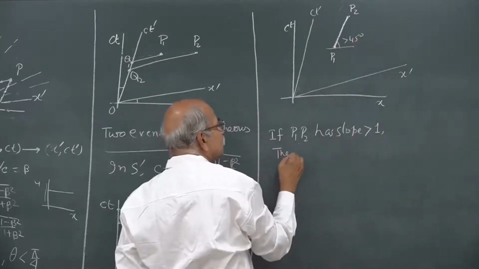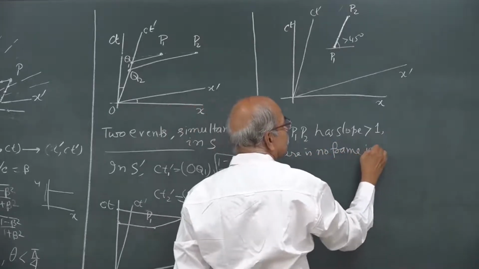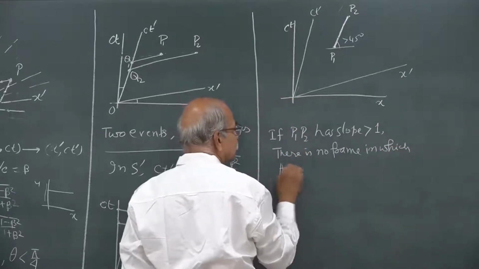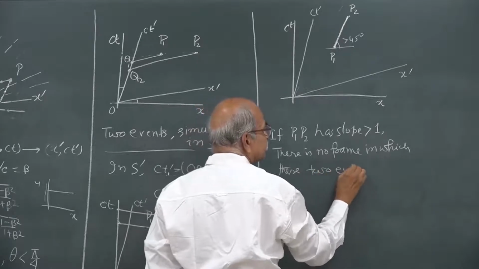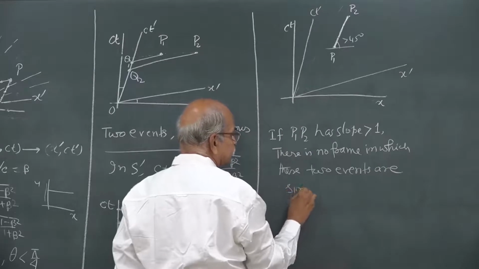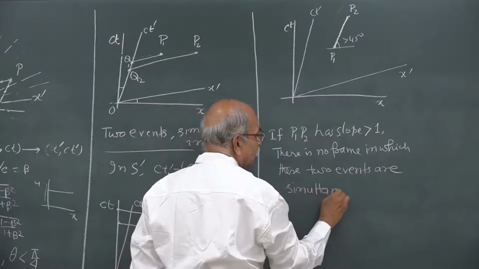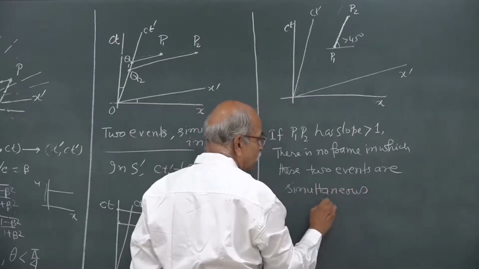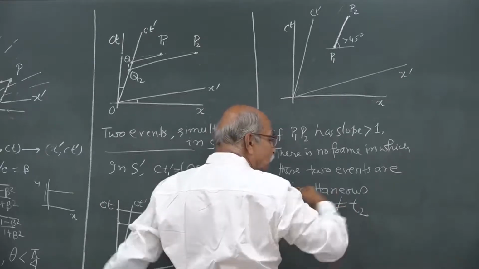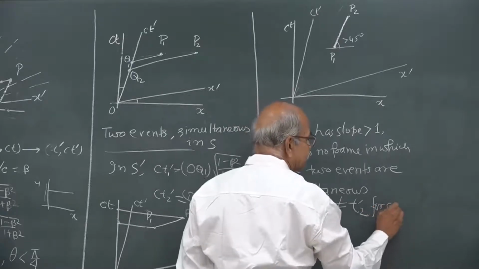There is no frame in which these two events are simultaneous. So, always T1 is not equal to T2 for all frames, not only for S. Okay, let me put prime for any frame.